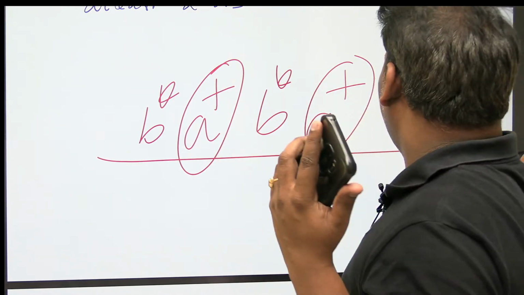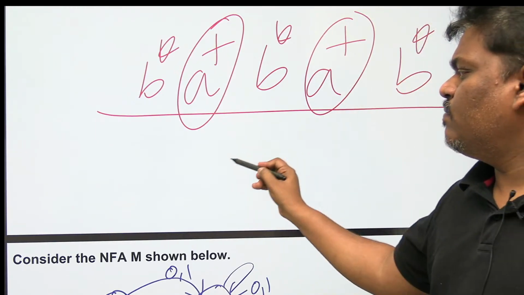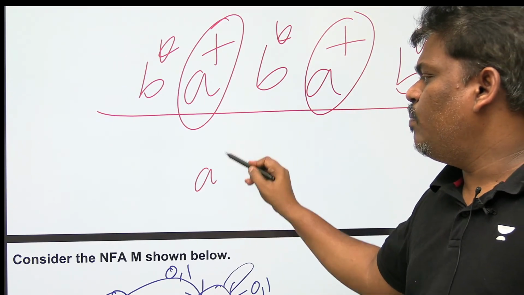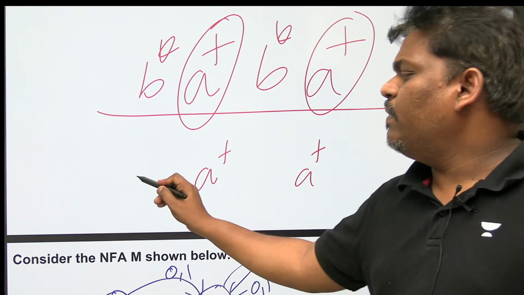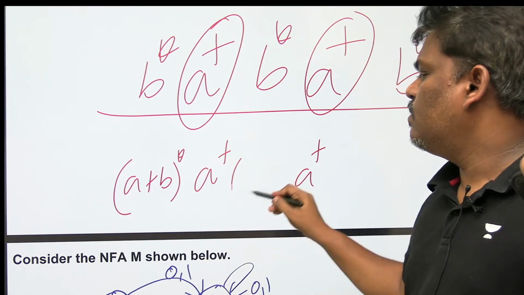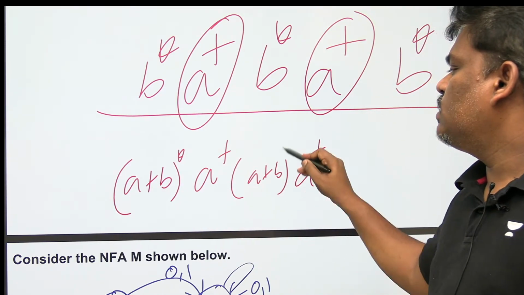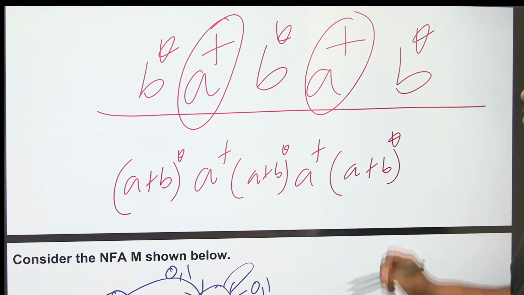That is the reason a counter example came. So this is the answer: A plus is fine, and in between you can write (a plus b) whole star, a plus, (a plus b) whole star, a plus, (a plus b) whole star. Now no problem.